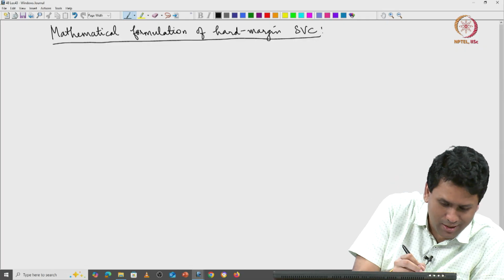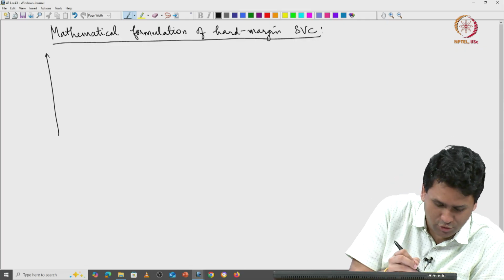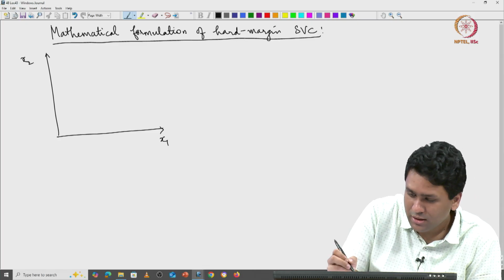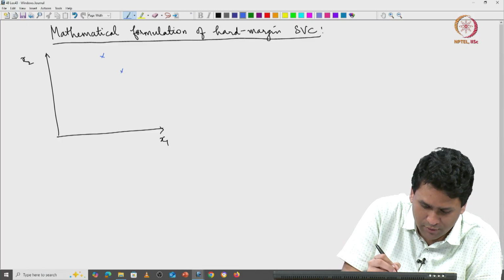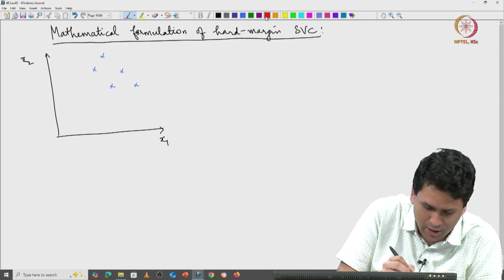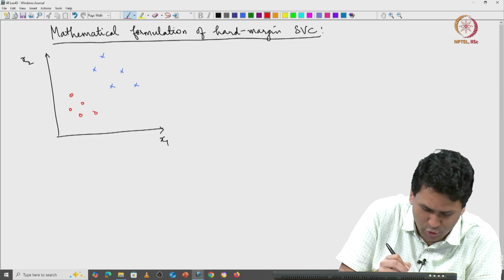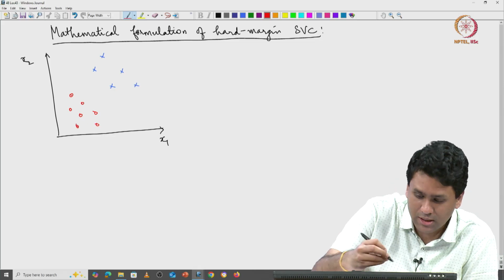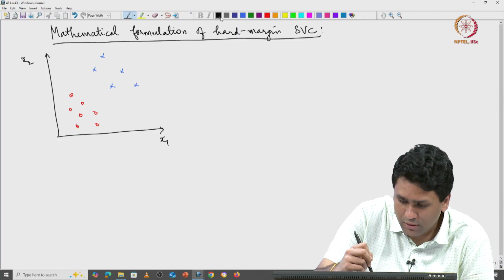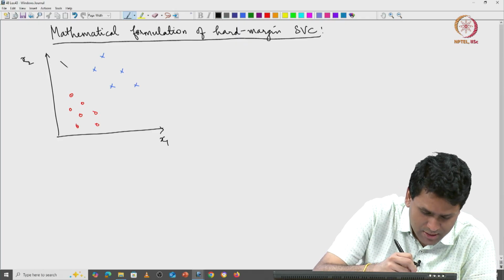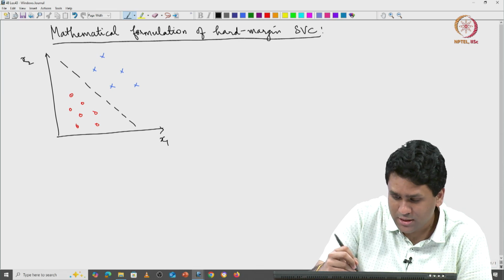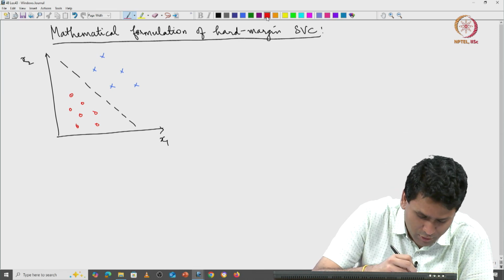If you recall the illustration that was shown last time, and this was shown in a 2-dimensional feature space, there were two sets of classes that you want to distinguish, right. I am drawing these in the space of two features, but really you can draw it in the space of any number of features, and the goal was to find this hyperplane which maximizes the distance between itself and the support vectors, right.